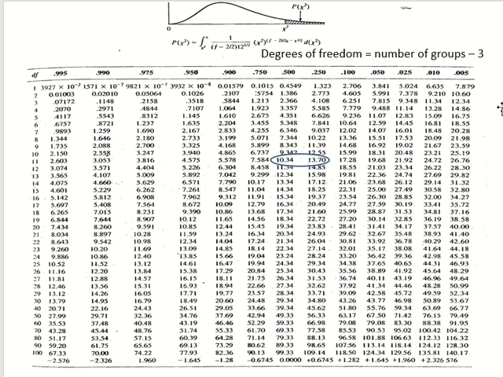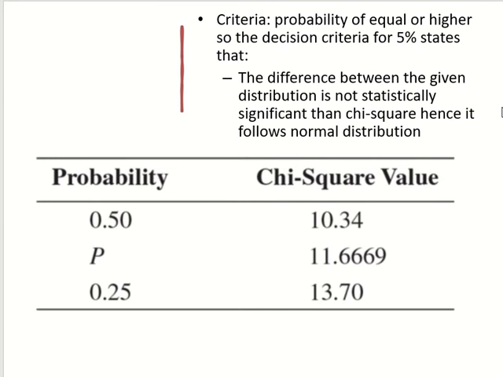I know the probability for this one on the top, and I know the probability for this one. I know the chi-square for 50%, I know the chi-square for 25%, and this is my chi-square. So what is the P for this one?